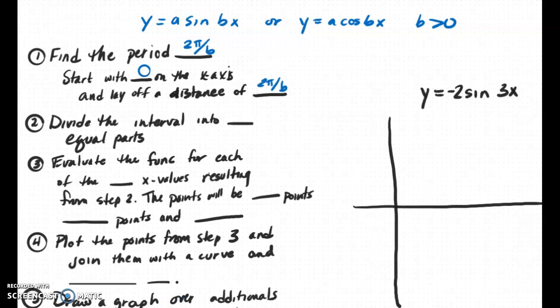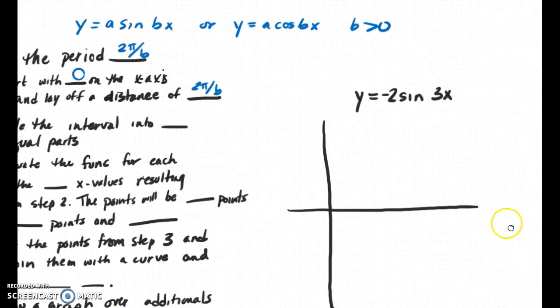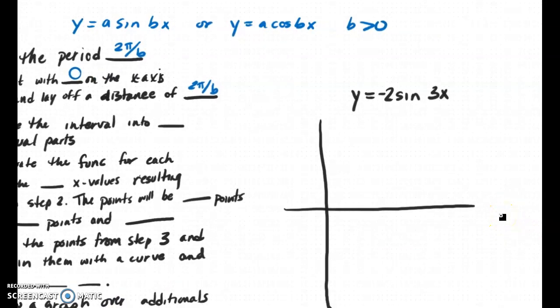And here I have y is equal to, so I'm going to put these in here. So y equals a sine of bx.